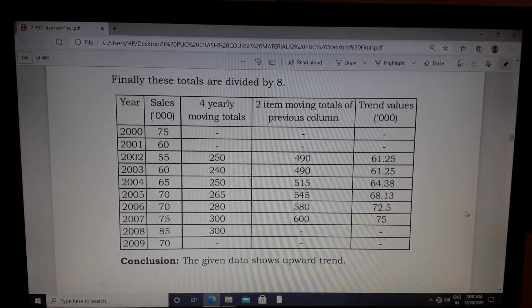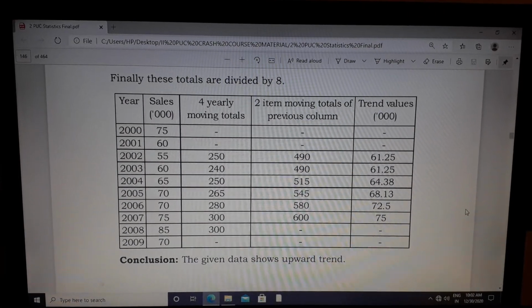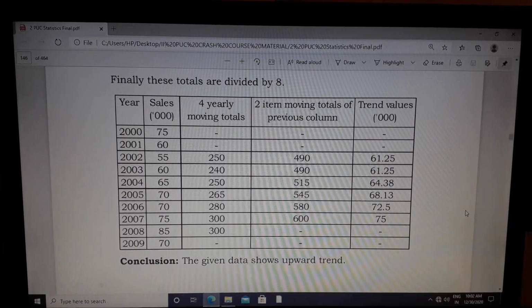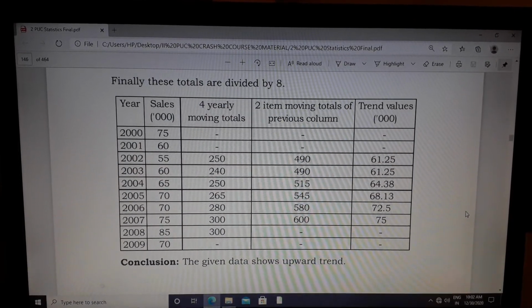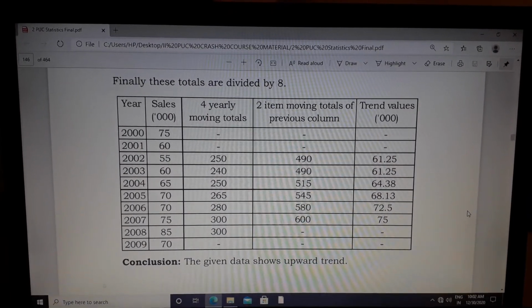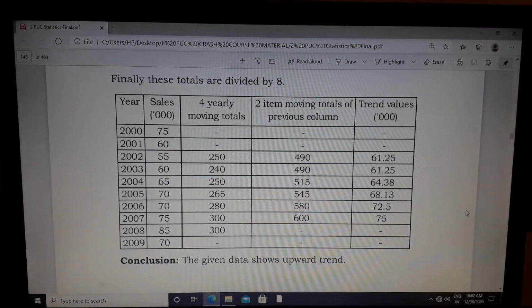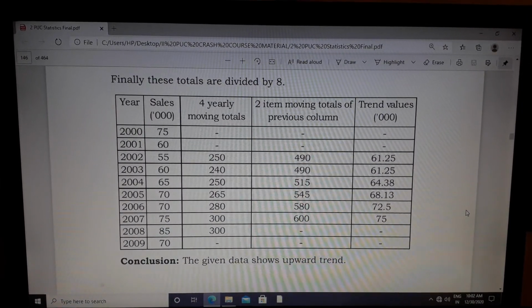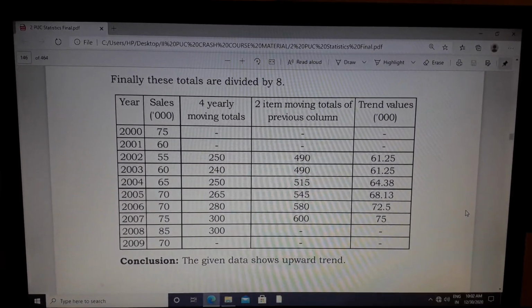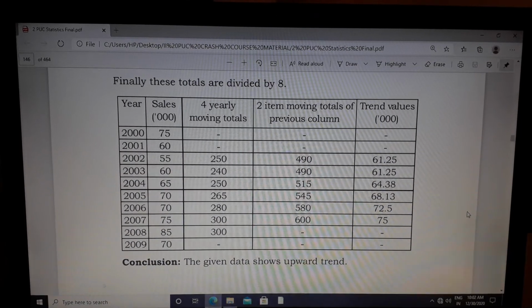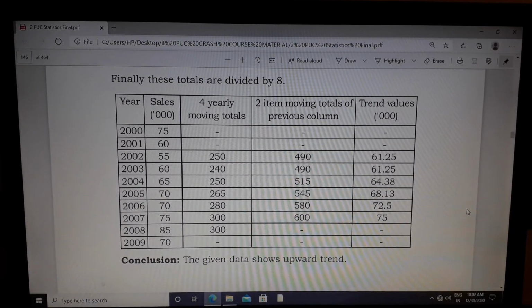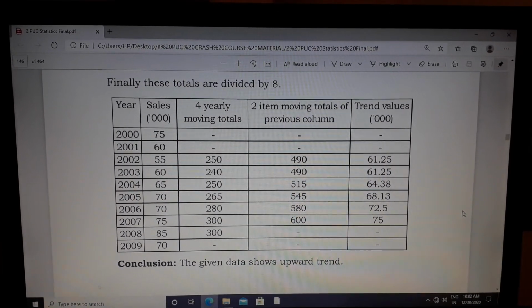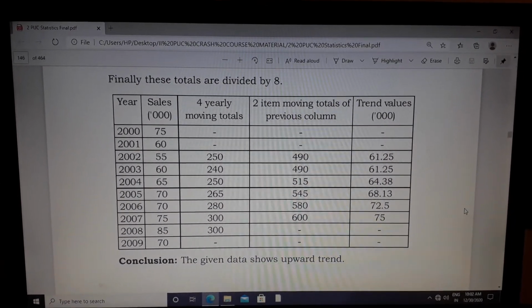So if you do this centering of 4 yearly moving totals just by taking 2 item totals, then definitely the 2 item total will correspond to a particular year. Earlier the 4 yearly totals come in between, between 2001 and 2002. But to convert that, we change to 2 yearly centering totals.